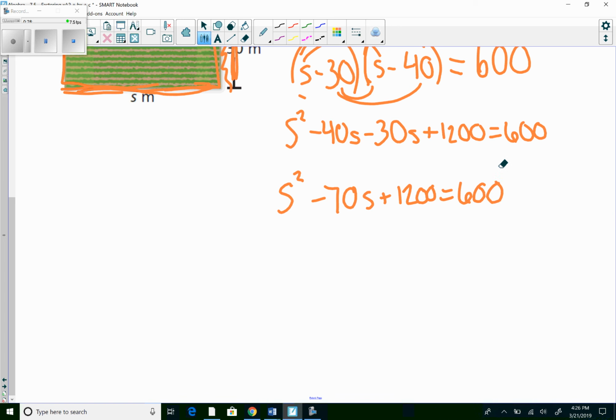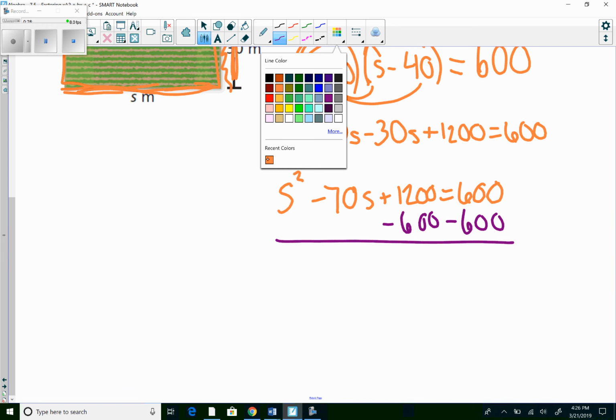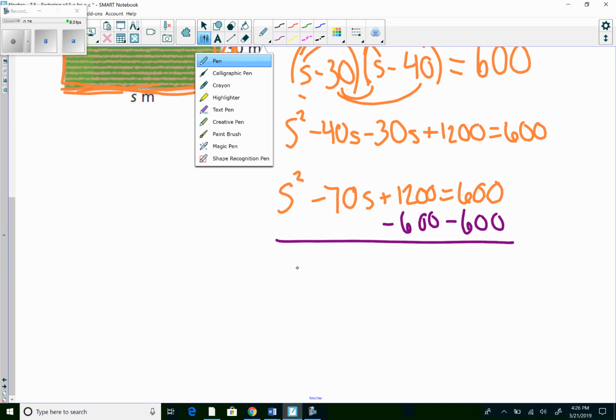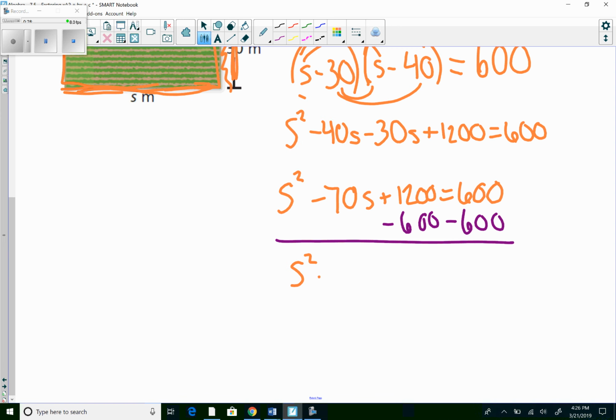Now we're going to try and use the zero product property. But in order for that to happen, we have to get 0 on the right-hand side. So that's going to turn into S squared minus 70S plus 600.